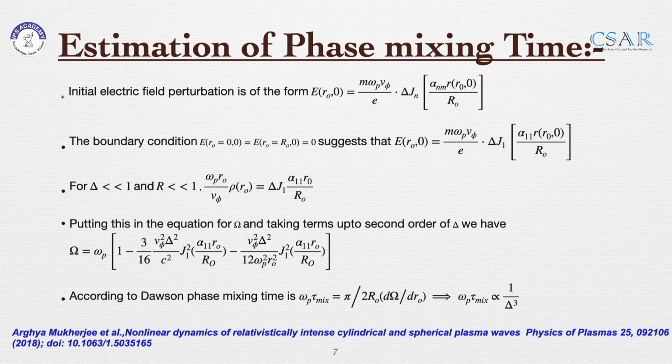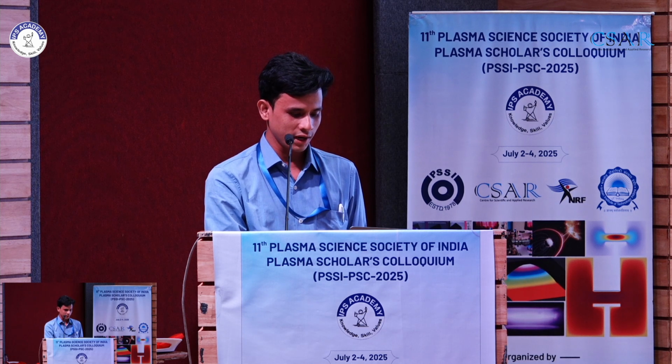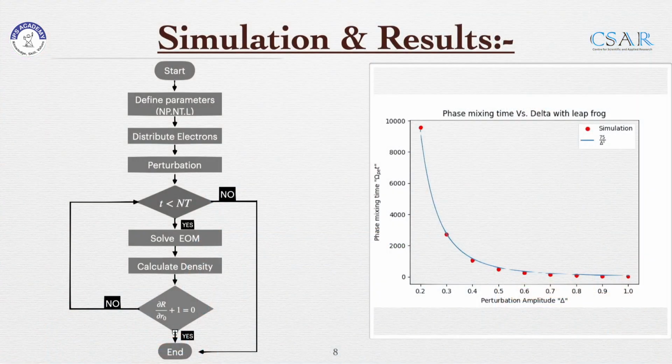Then using this equation in the frequency formula, for the condition delta less than 1 and for very small perturbation, we calculated the frequency. We take a reference from Dawson's theory, which says that the phase mixing time is inversely proportional to the spatial rate of change of frequency.